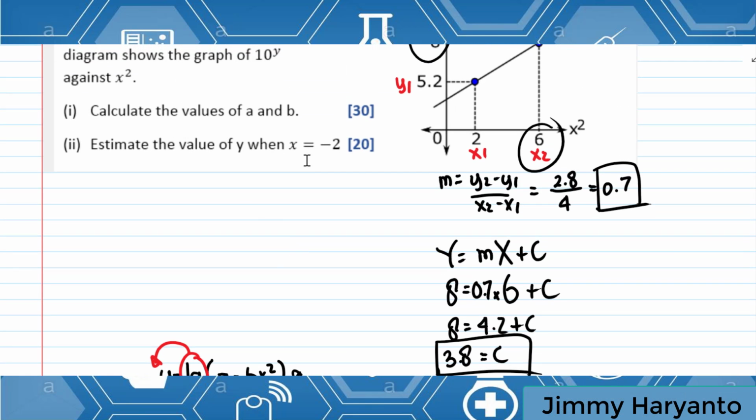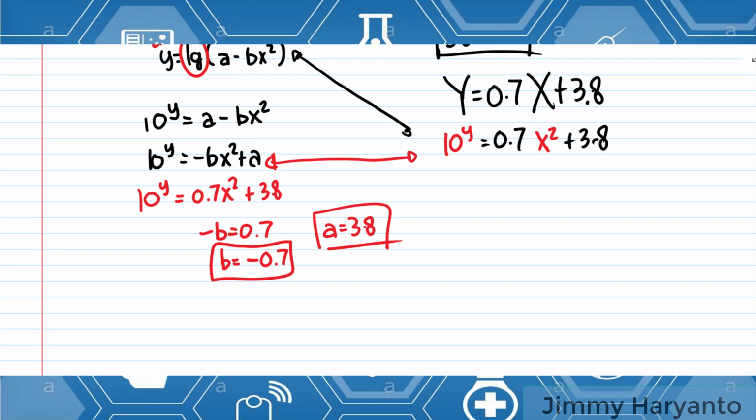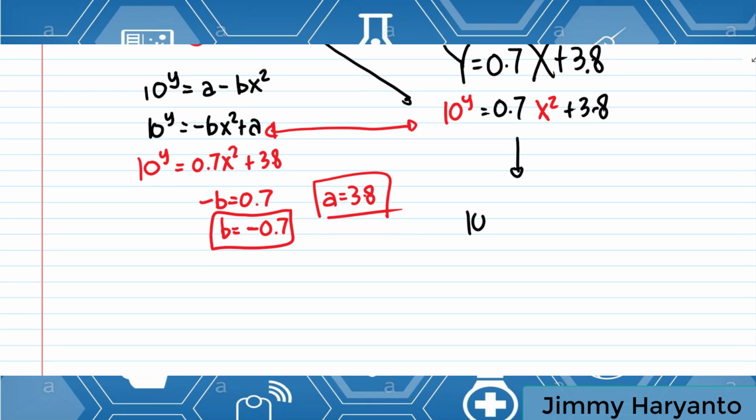The second question wants us to find the y when x equals to 2. So we have the equation now. The complete equation is 10 to the power of y equals to 0.7 times x squared. The x is negative 2 squared plus 3.8.